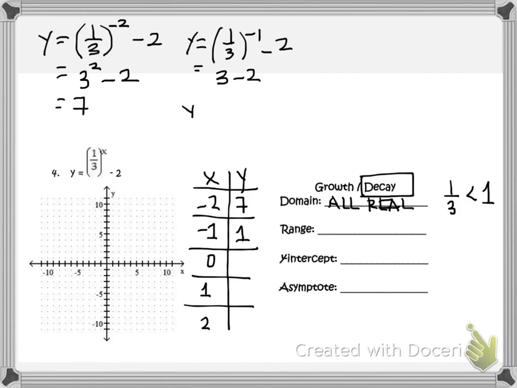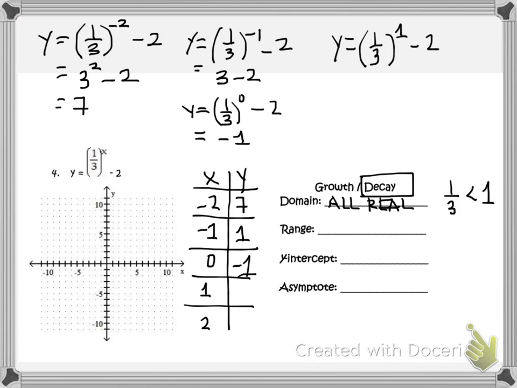Alright, anything to the 0 power is always just a 1. So 1 minus a 2 is a negative 1. Okay? If you plug in a 1 there, you'll have 1/3 raised to the first power minus a 2. So you'll have 1/3, and 1/3 is like that decimal point .33333 minus a 2.